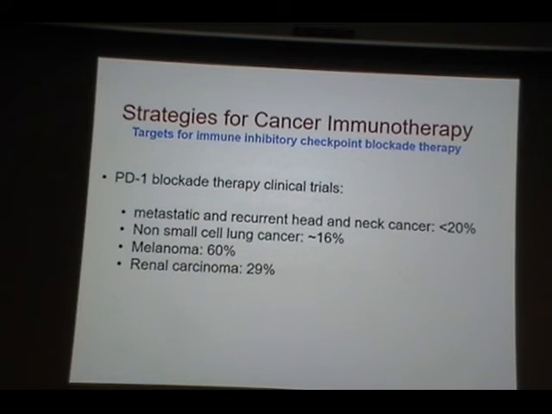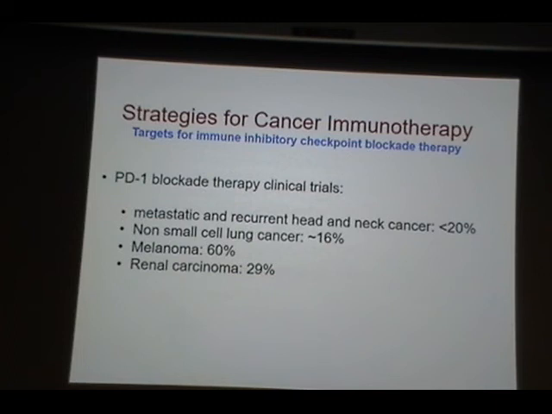For metastatic and recurrent head and neck cancer, the response rate to this treatment is only less than 20%. So in other words, 80% of those patients don't respond to it. For small cell lung cancer, only 16% response.